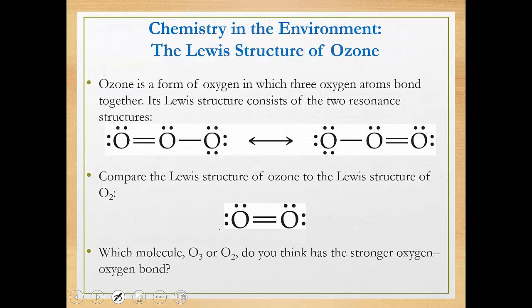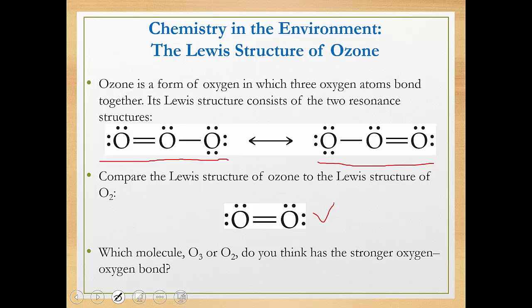Ozone is another example of a molecule that exhibits resonance. So the Lewis structure for ozone consists of this one, where we have a double bond on the left and a single bond on the right, and this one, single-double. Now, if I compare the Lewis structure of ozone to the Lewis structure for diatomic oxygen that we see right here, which molecule would you think has the stronger oxygen-oxygen bond?